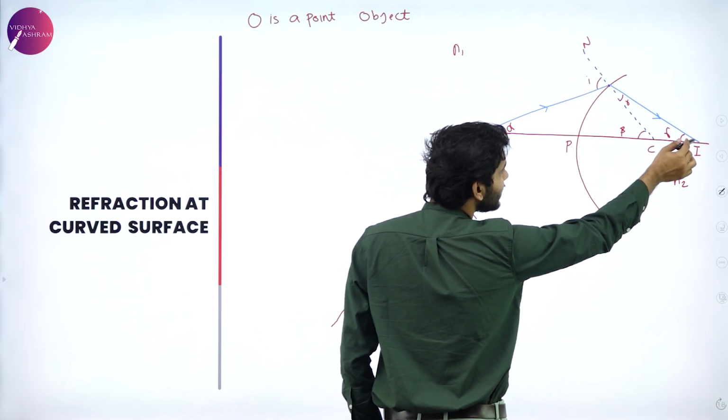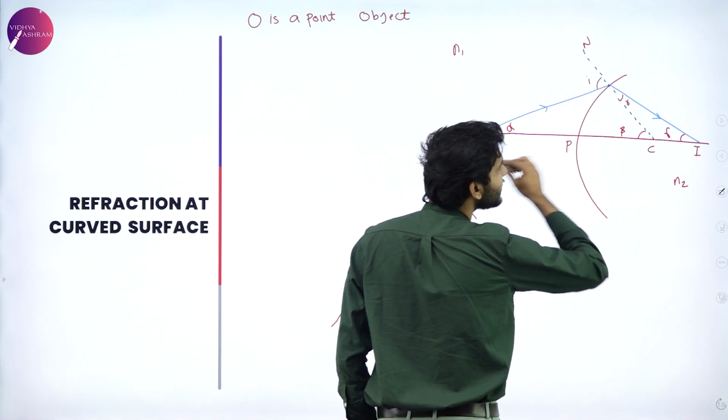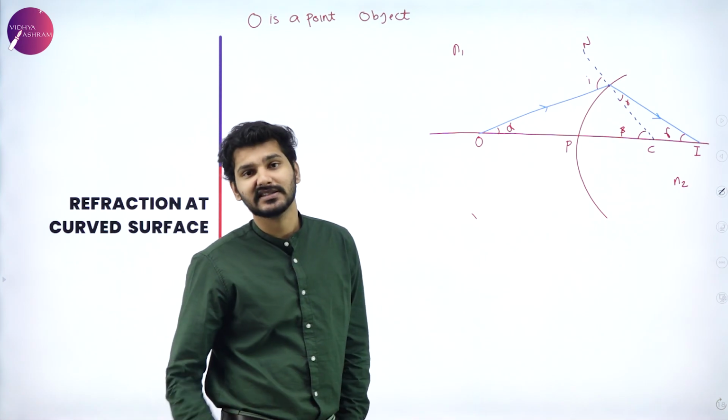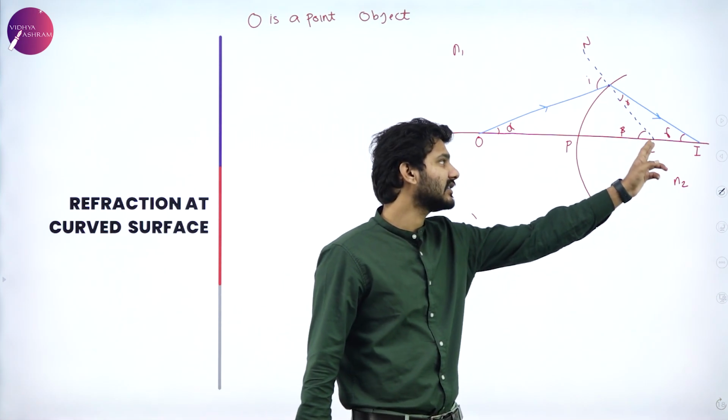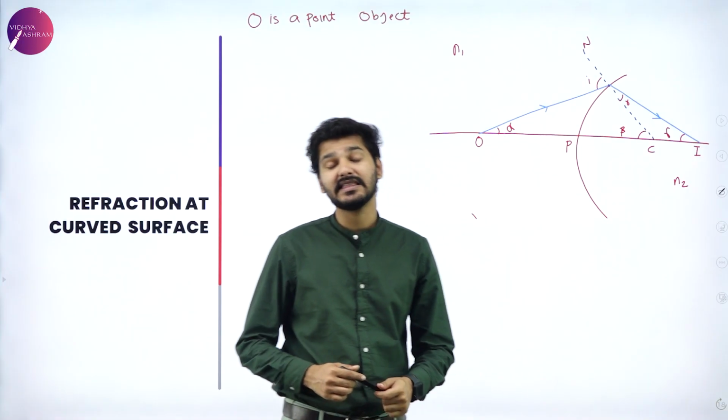Finally, the angle between the refracted ray and the principal axis is known as gamma, and the normal makes an angle with the principal axis, indicated as beta.